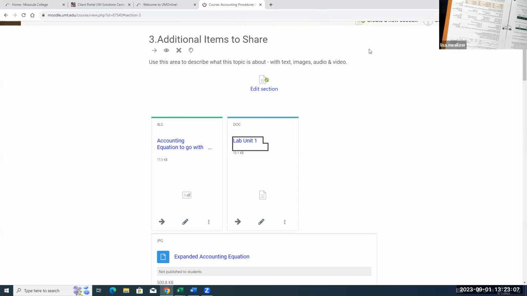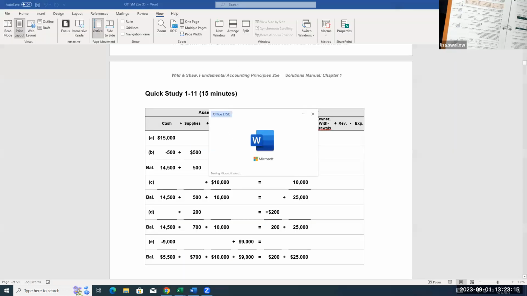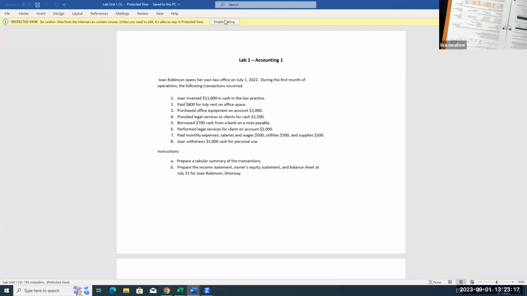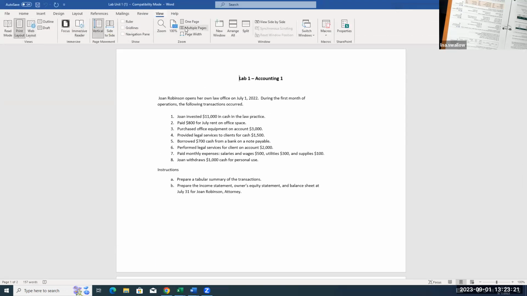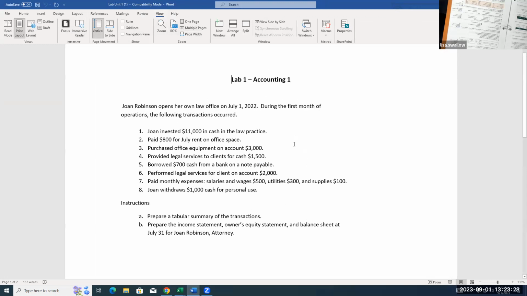Joan opened or invested $11,000 in her practice on the 1st of July. You are going to write down on your table how that impacts it, just like we just practiced.